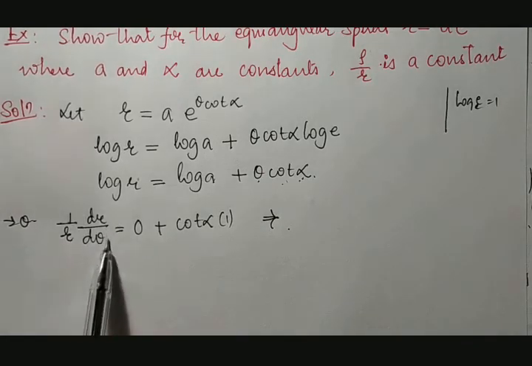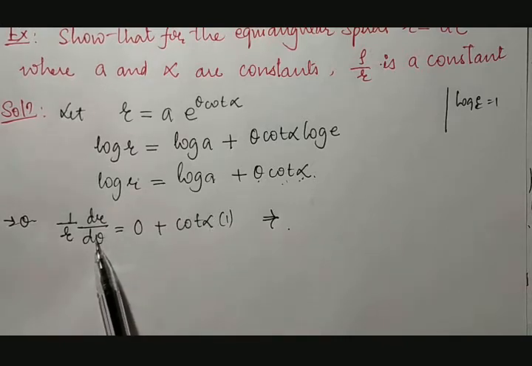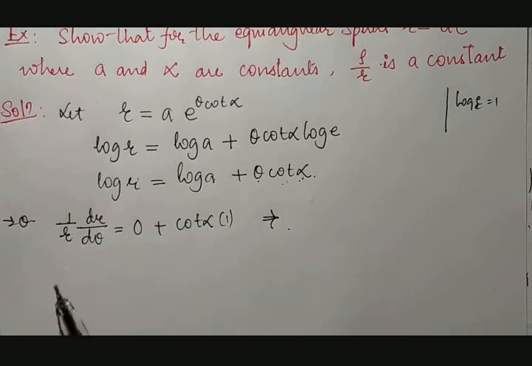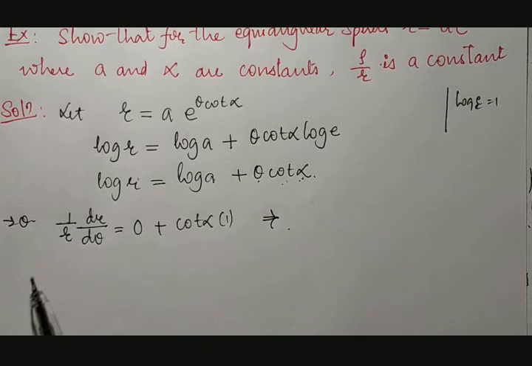So 1 by r into dr by d theta is equal to cot alpha. All the time we took it as cot pi, when we needed the angle pi. But now don't take it as cot pi, because what is required? We need r1.